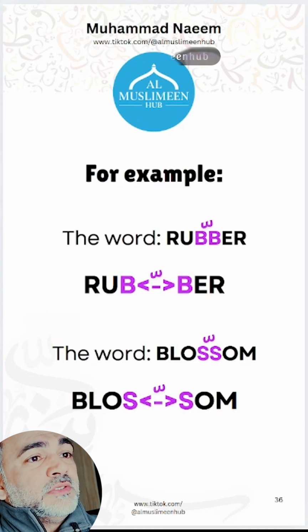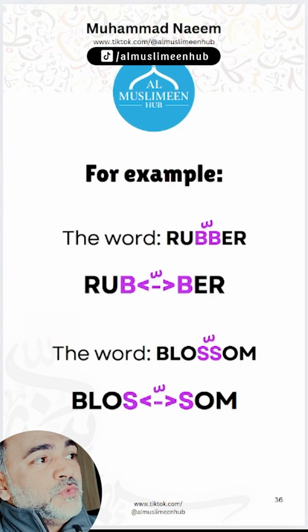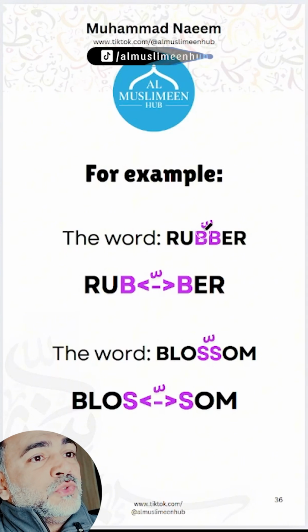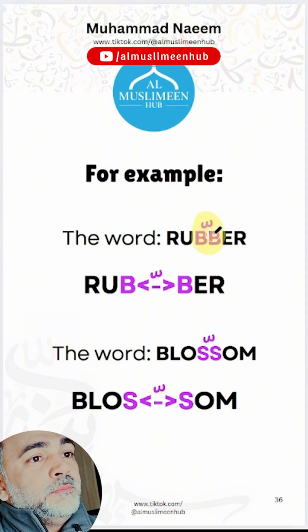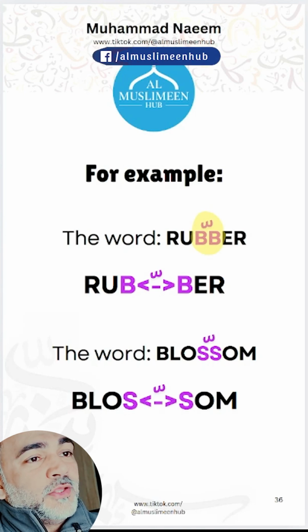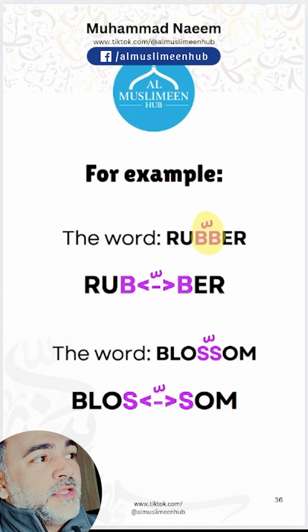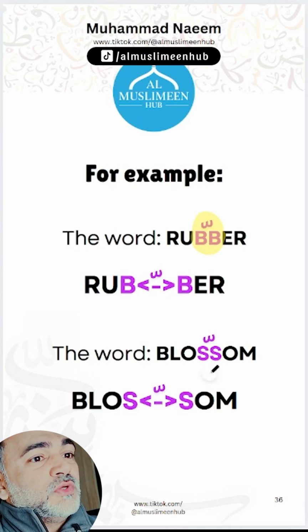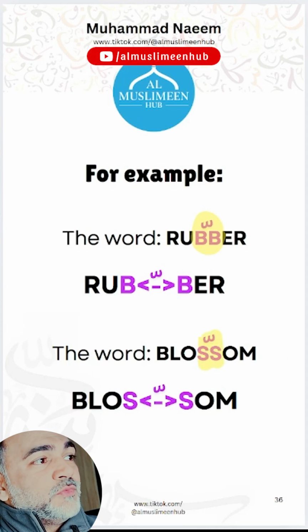Can you see the word rubber? When you say the word rubber, you need to repeat the B twice. How do you know that? When you say rubber, you say rub and then you continue with another B to the end and say bur, rub, bur. Similarly, you have also the word blossom here. You need to go for blos and then you complete the word with som.